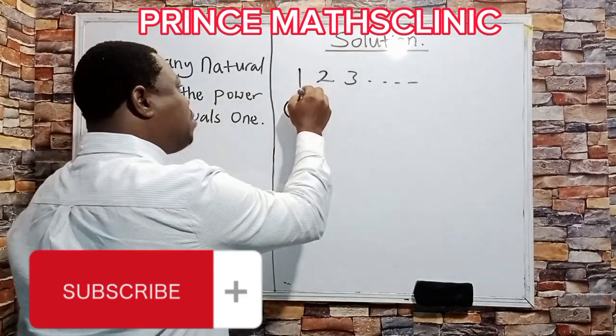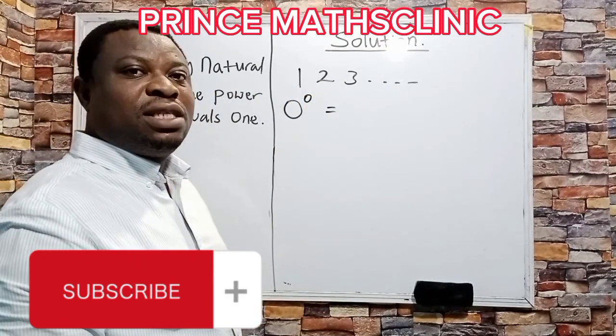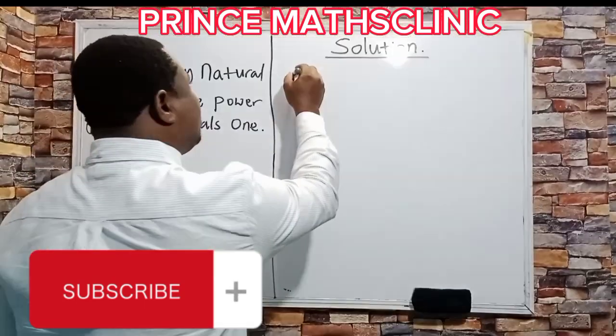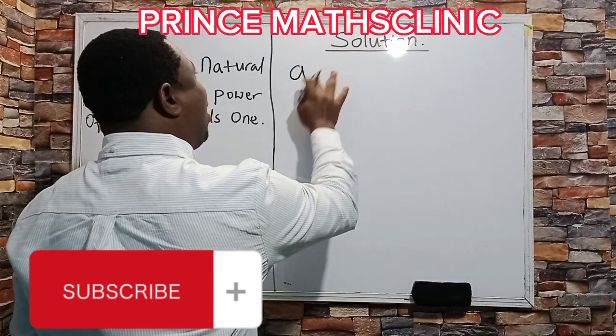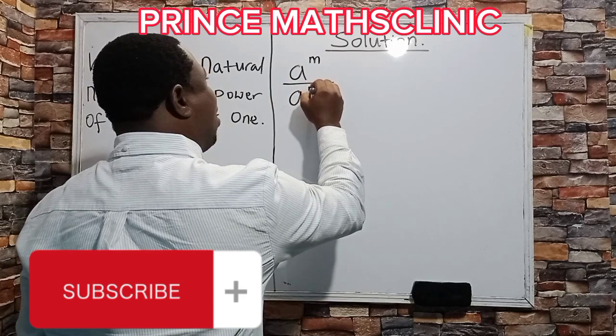Because 0 raised to the power of 0 is a math error and cannot be computed. So let us say a to the power of m over a to the power of m.